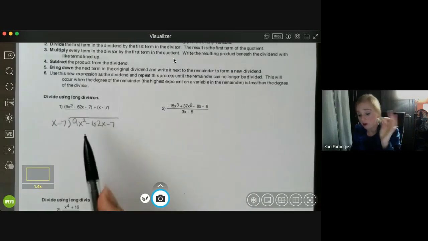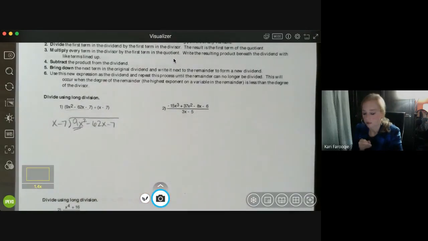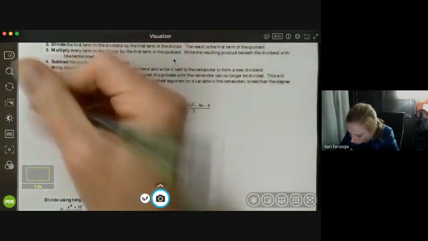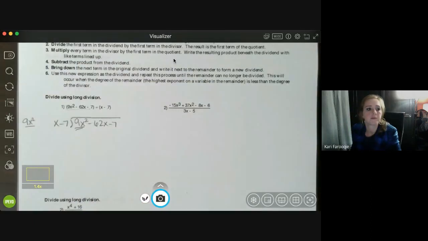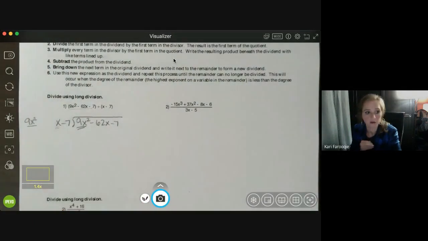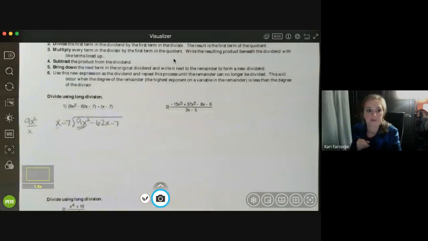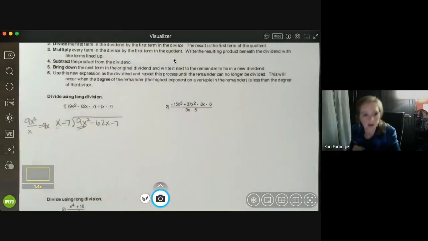Okay, so you're going to start out by taking the first term in your dividend. Take it off to the side, wherever you'd like for it to go. And you're going to divide it by the first term in your divisor, which is x. When you divide this out, you just get 9x.